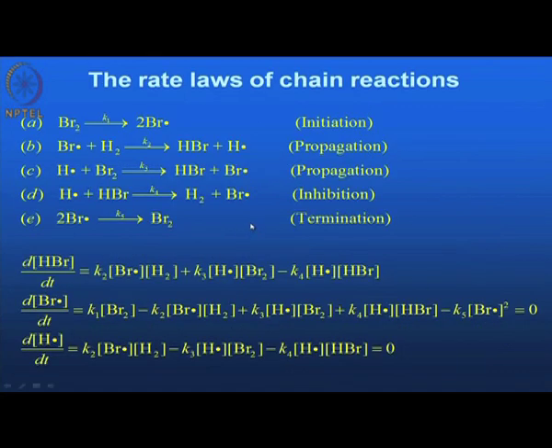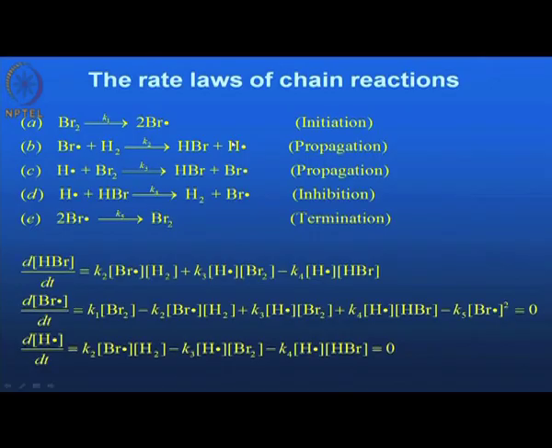So, again what I told that this is initiation, and this is your propagation. Why propagation? Because this reaction produces one H dot, because the active ingredient for the reaction to proceed further is the radicals. So, here the active ingredients will be your Br dot and H dot.